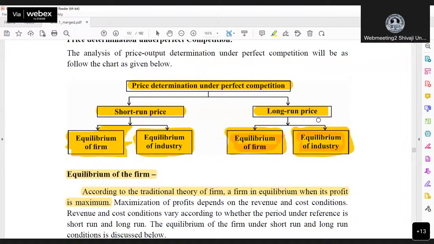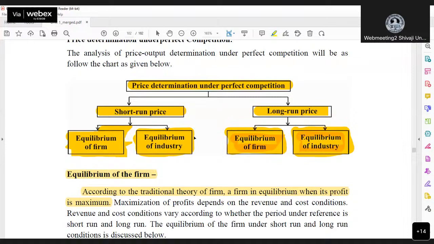If we consider a firm as a single entity, multiple entities can be considered in an industry. So short run price determination and its mechanism will be different for equilibrium of the firm and for equilibrium of the industry, because for the firm we consider a single entity and for the industry a group of entities. Similarly, in long run price we will observe the equilibrium of firm and equilibrium of industry.